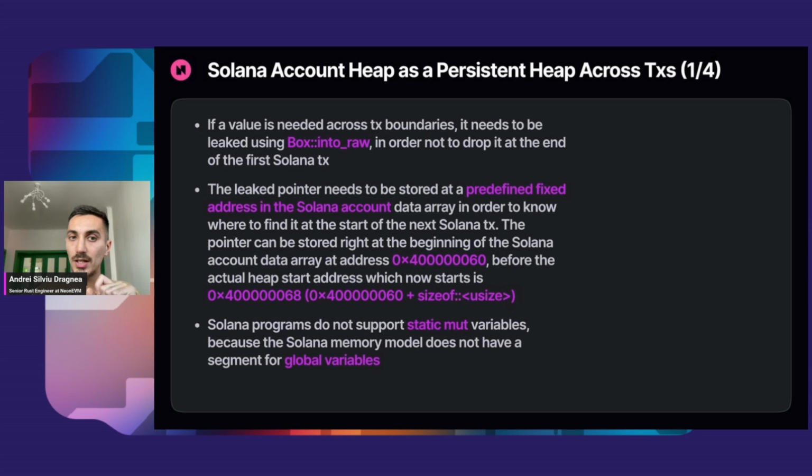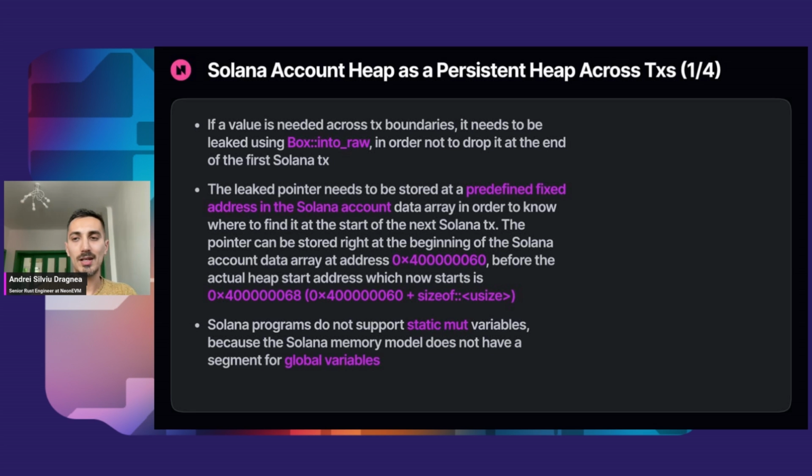But also you can use the Solana account heap as a persistent heap across transactions, as we said. It's interesting how you do that, because Rust makes it hard to do, because Rust is a safe language. Let's say that you have some state that you want to persist between two Solana transactions, and that state is behind a box pointer, because we need to have it on the heap.